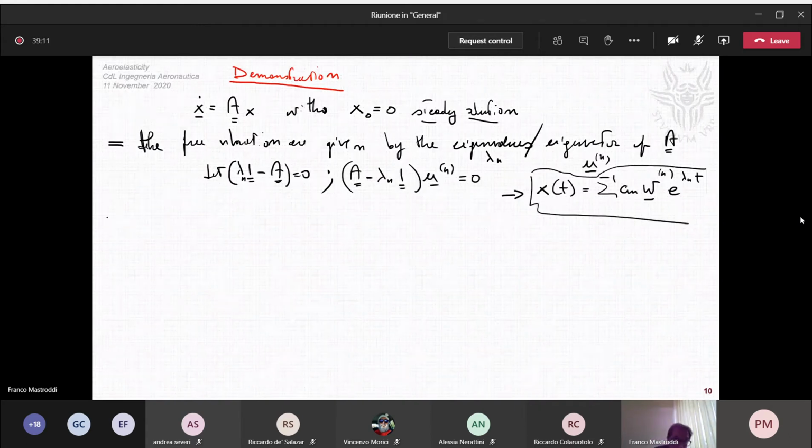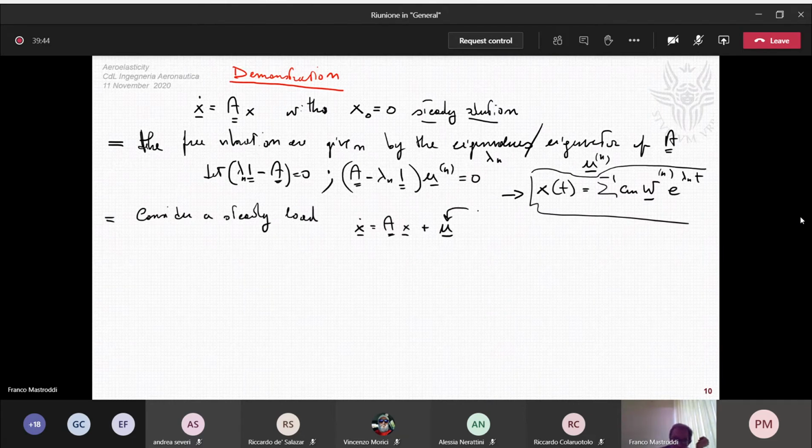Now, if you consider a static load, like the gravity, or like an angle of attack, a steady loading field applied to our elastic system, consider a steady load like x dot equal to Ax plus u.